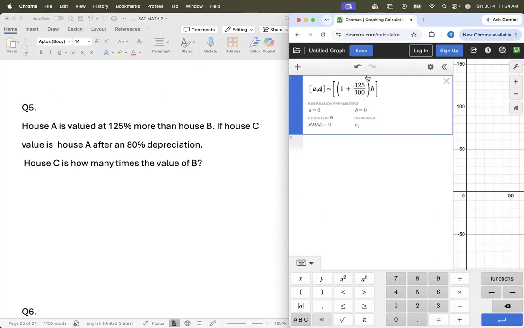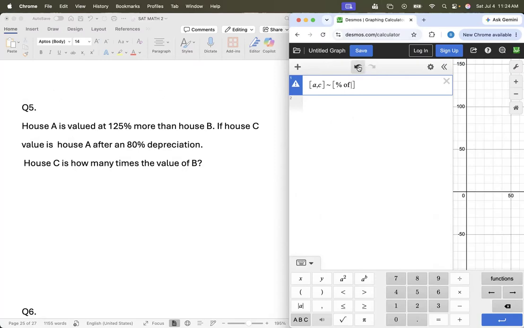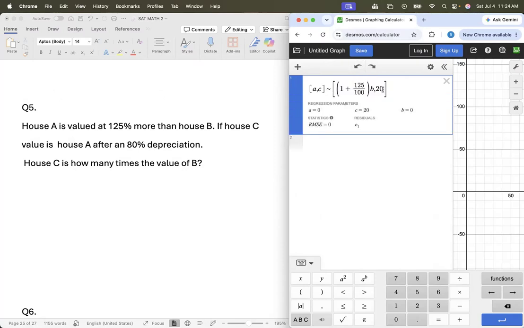You say C is 20% of A because of depreciation of 80%. So 20% of A. But C is how many times the value of B?